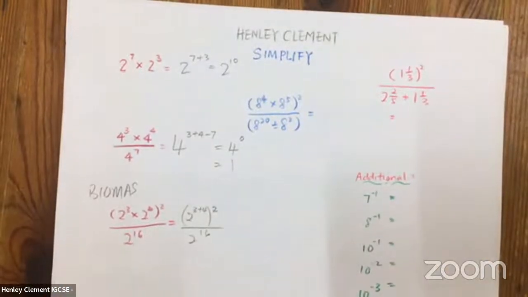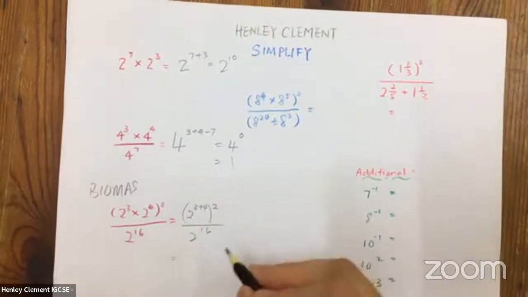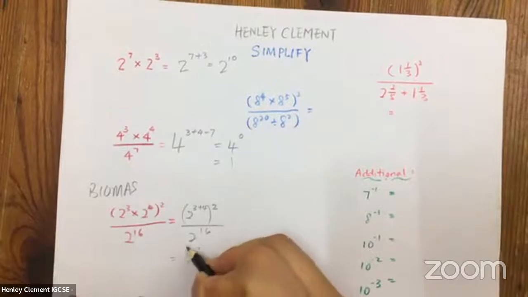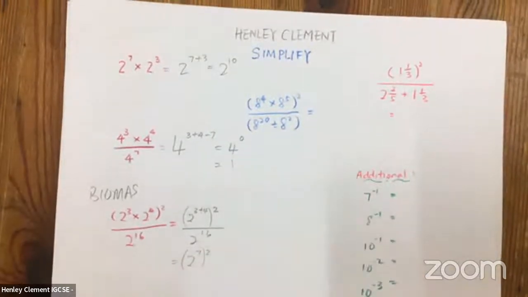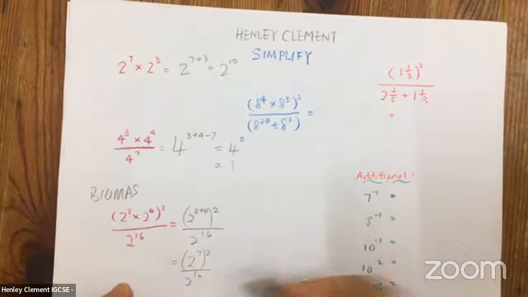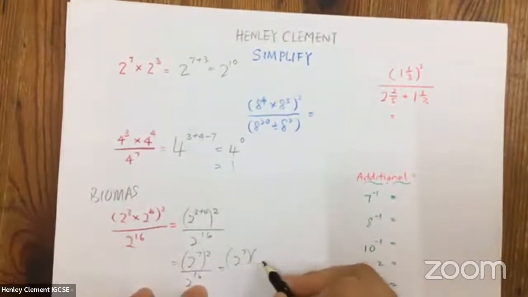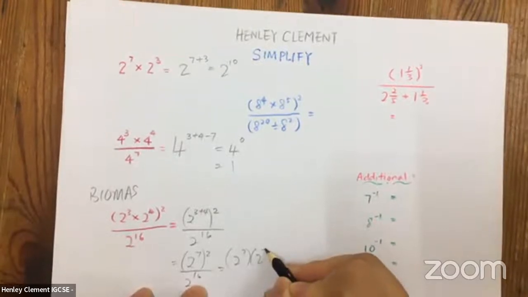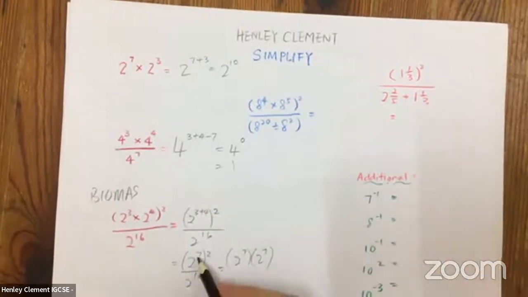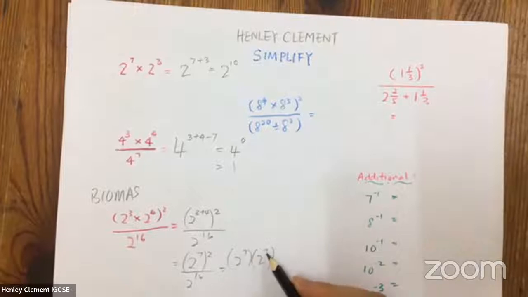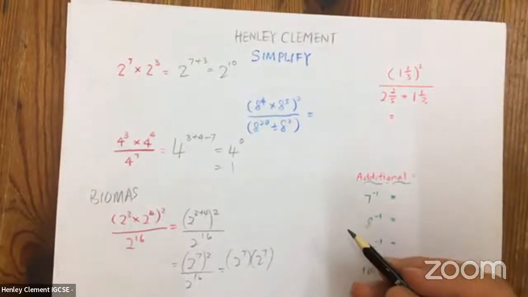3 plus 4 is 7 pieces, right? So you have 2 to the 7, and then 2 over 2 to the 16. Can you see? This one is 2 to the 7 times 2 to the 7. You have two pieces of that, right? In short, you can just times up. If you want to add, 7 plus 7 is altogether 14 pieces.